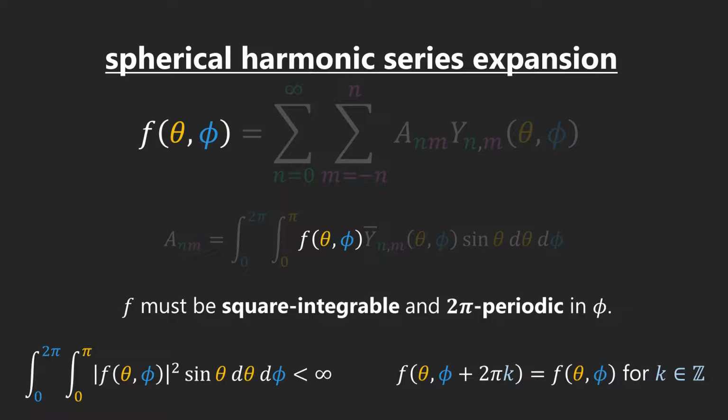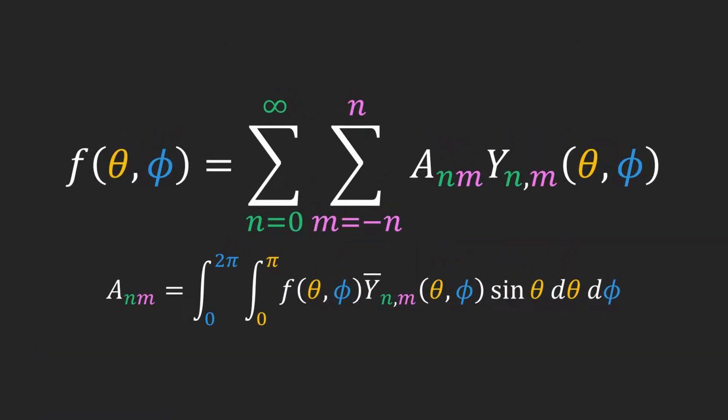Also, f needs to be 2 pi periodic in phi, which is what lets us treat it as if it's a function of angular coordinates on a sphere. But if we meet these criteria, then spherical harmonics give us a way to represent functions on a sphere as linear combinations of these simple and independent components.